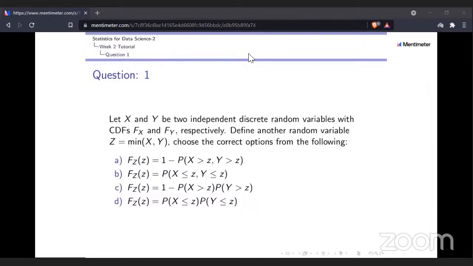Can you unmute yourself? Ma'am, where to enter the answer?